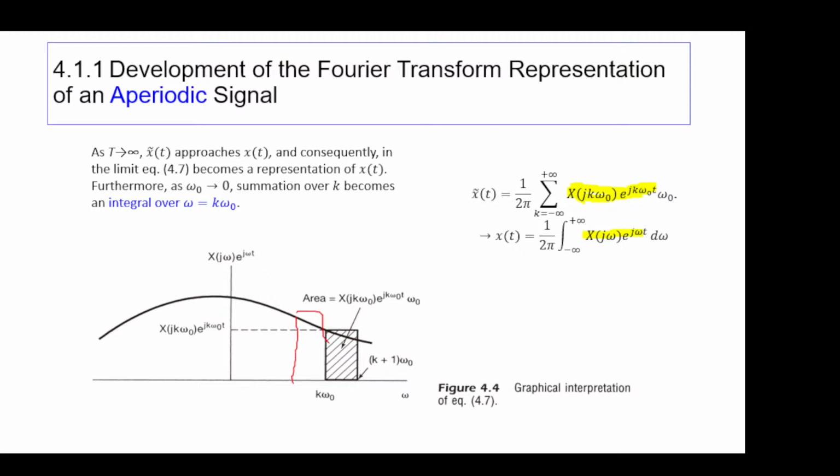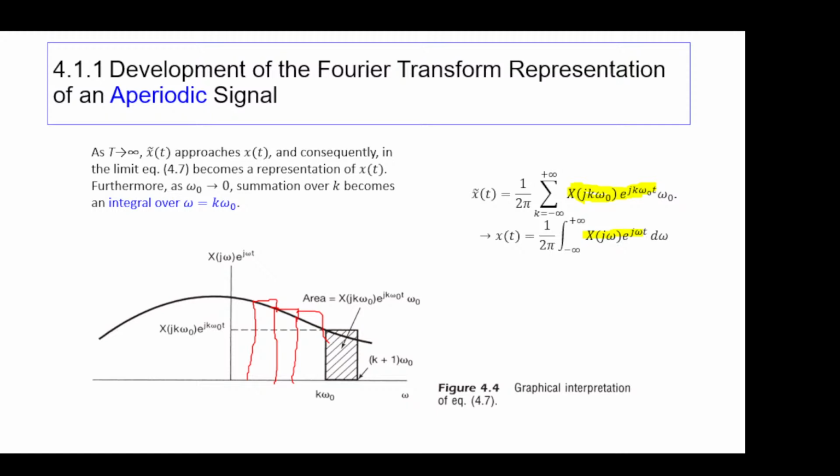Let's draw a little more rectangles here. Yeah, so this is like what you do in calculus, where you approximate the area under your curve with summing over those rectangles.